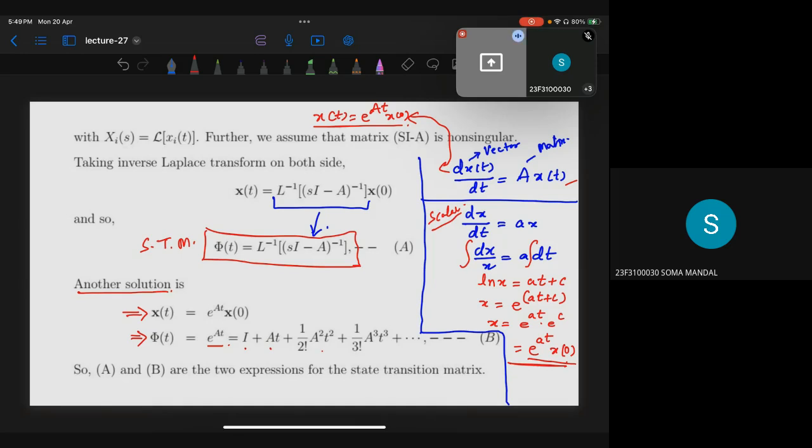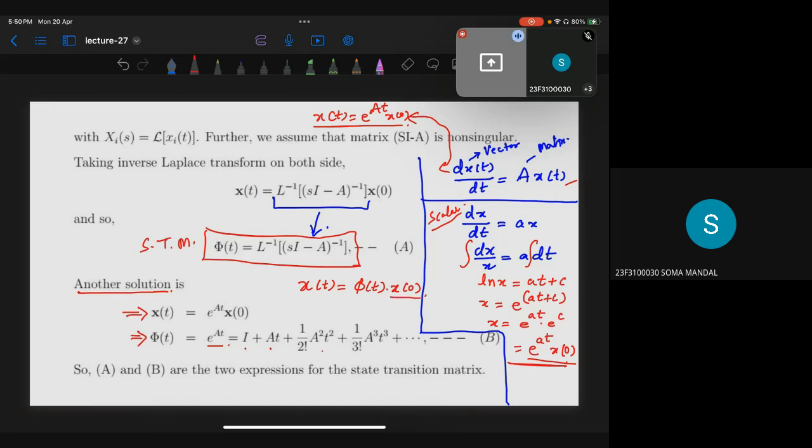Basically, what the state transition matrix says is x of t is equivalent to phi of t multiplied by x of 0, correct? If you know your phi of t and the initial condition, this is your initial state.